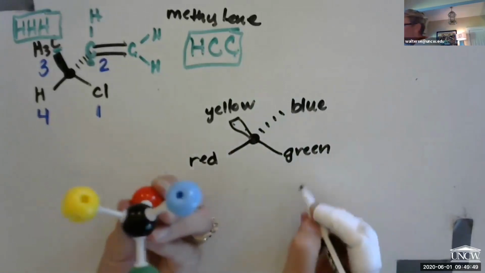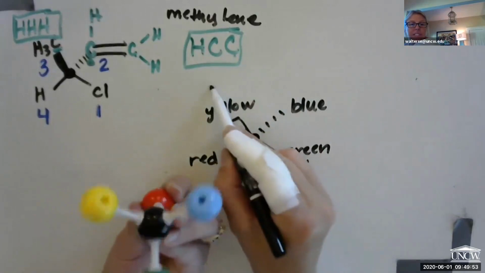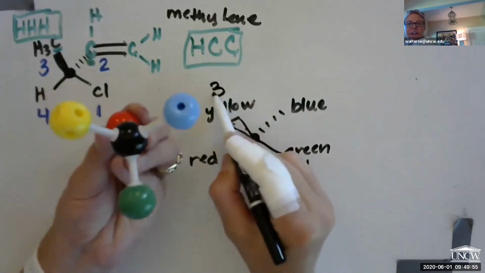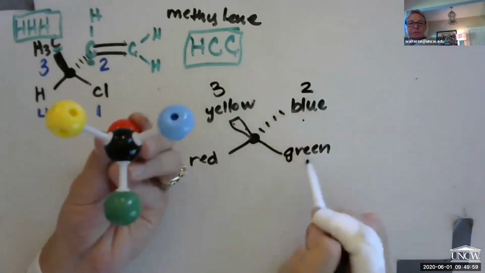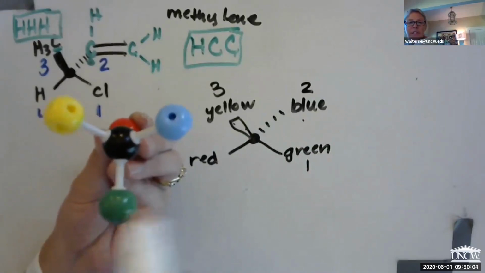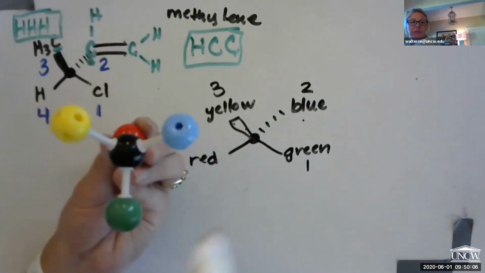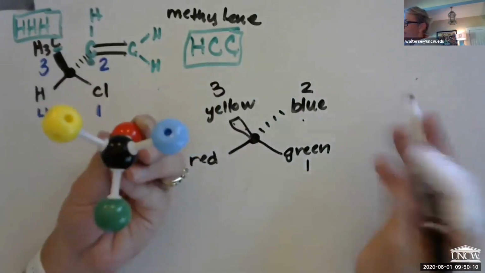Okay, the green was 1, yellow was 3, blue is 2. Okay, so green to blue to yellow. So this way, green to blue to yellow. That would be S.